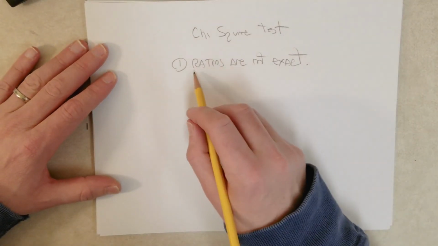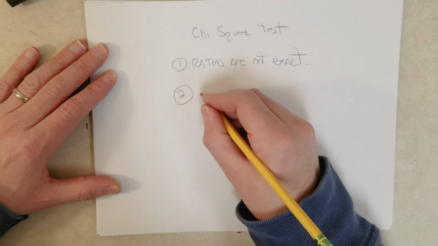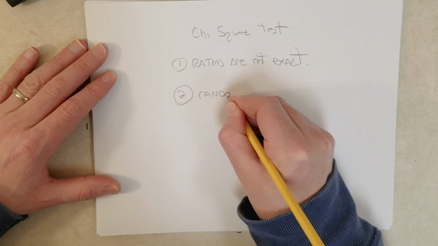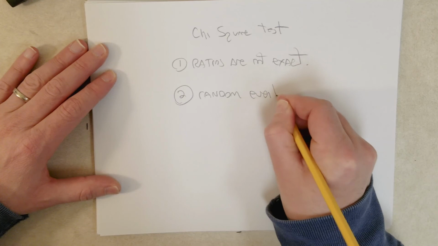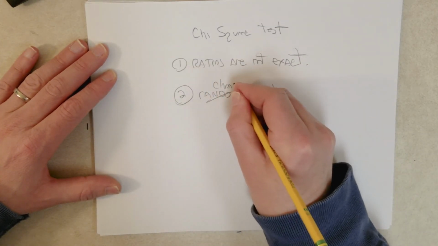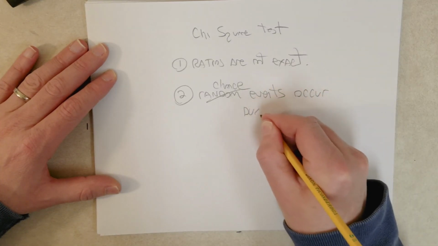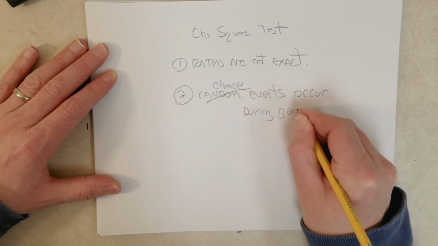So let me put those on paper. Ratios are not exact. It also helps us remember chance events. Chance events occur during gene transmission.